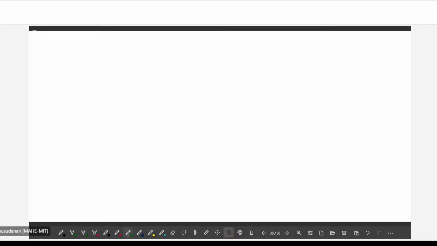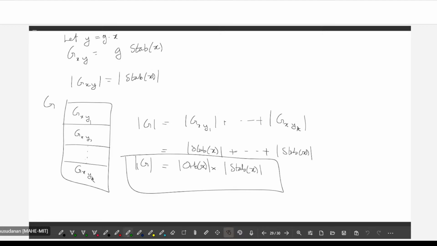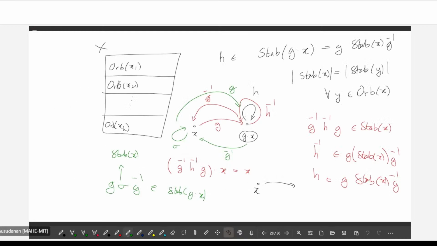I'll come back. So we'll continue discussing group actions, which I introduced yesterday during the tutorial session. We have defined what it means for a group to act on a set.